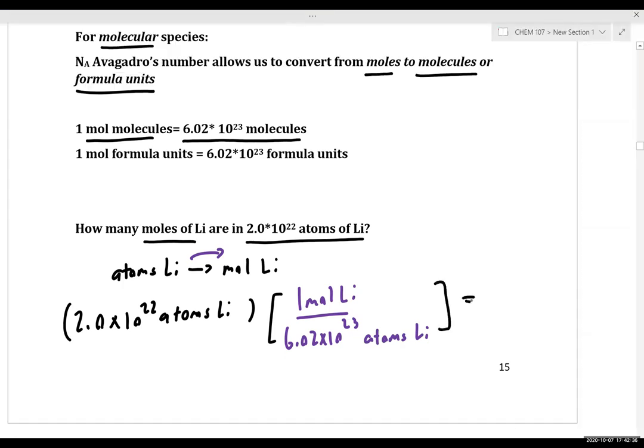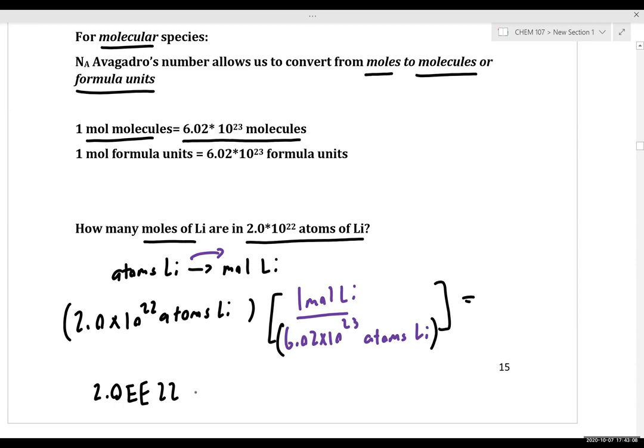So punching this into our calculator, we have 2.0 EE22. And now it's really important in your calculator, enter Avogadro's number in parentheses. Otherwise, your order of magnitude will not be correct. So we'd enter this into your calculator as 2.0 EE22.